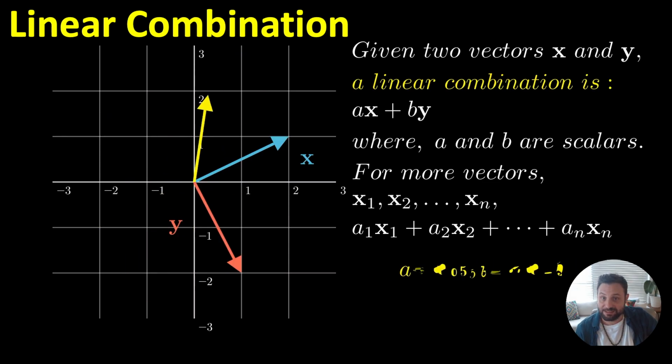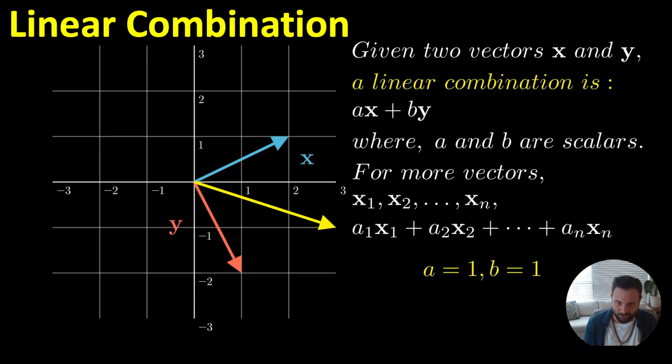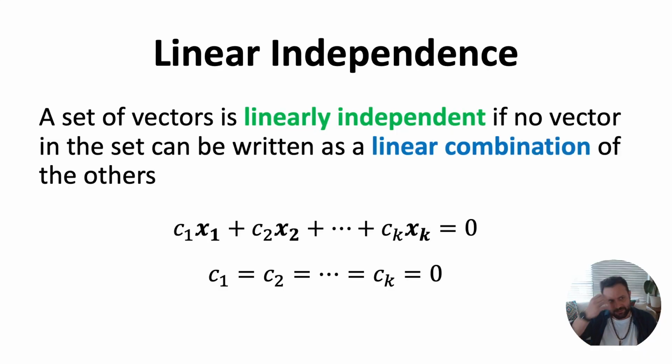So any of these yellows can be obtained by linear combination of x and y. So that's what linear combination is doing. Why is this important? It is going to become important when we understand linear independence. As I mentioned before, a set of vectors is called linearly independent if and only if, which means the first condition implies the second, and the second condition implies the first, if and only if all of the c's are 0.